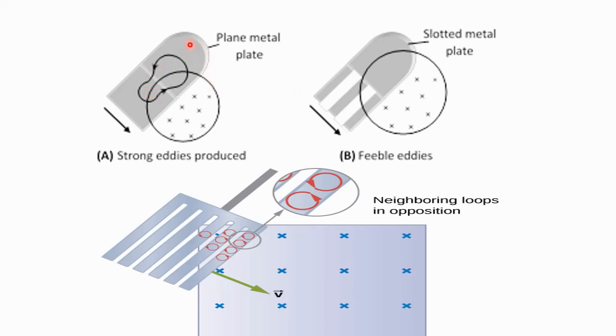But instead of this plain metal sheet, if we use a slotted metal plate where there is a finger-like structure here, then the area available for the eddy currents to flow will be very small. So in this case, very feeble eddy currents will be induced. If a plain metal plate is used, strong eddy currents will be produced, and if a slotted metal plate is used, then feeble eddy currents will be produced.